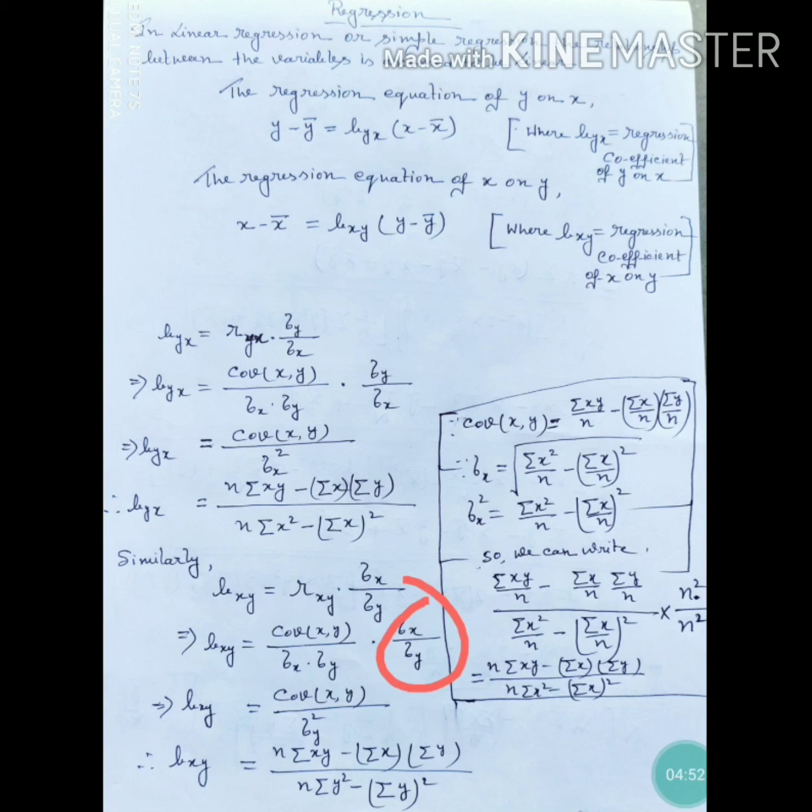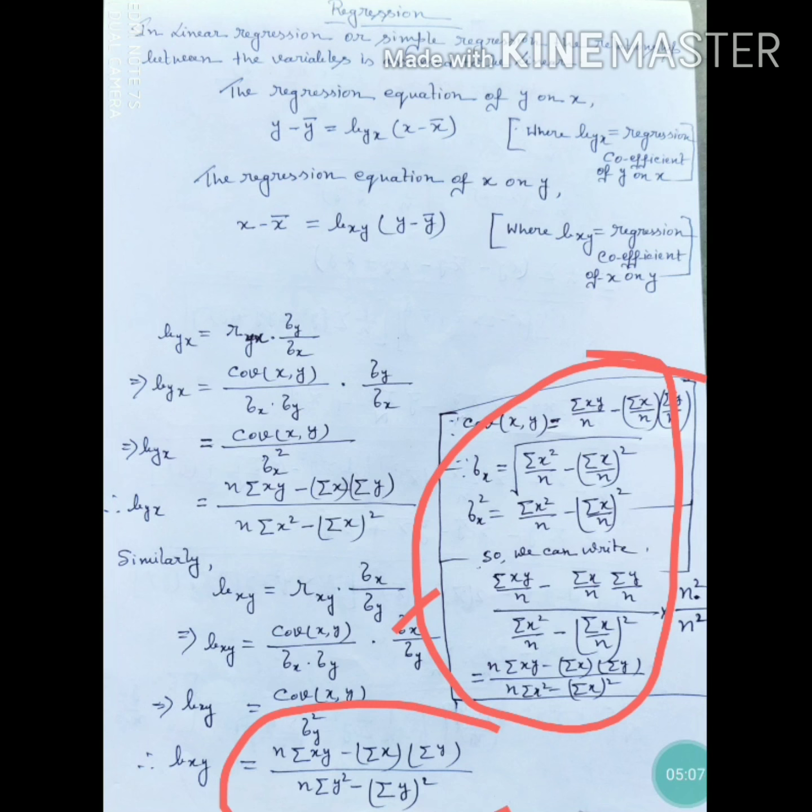Now sigma x and sigma x will be cancelled, and in the next steps we will get covariance of xy divided by sigma y square. After deriving in a similar process, we will get n into summation xy minus summation x into summation y divided by n into summation y square minus summation y whole square.